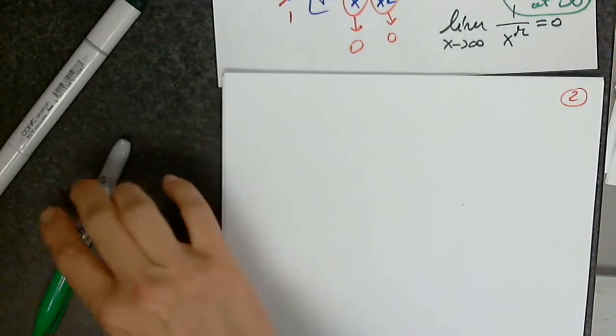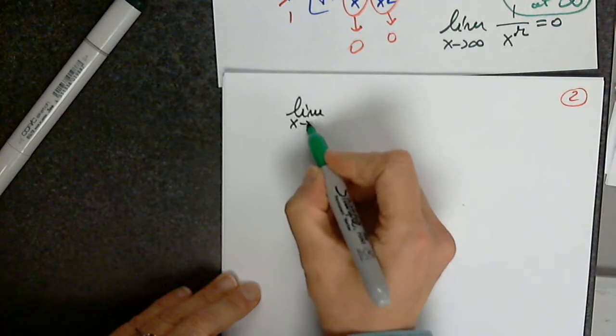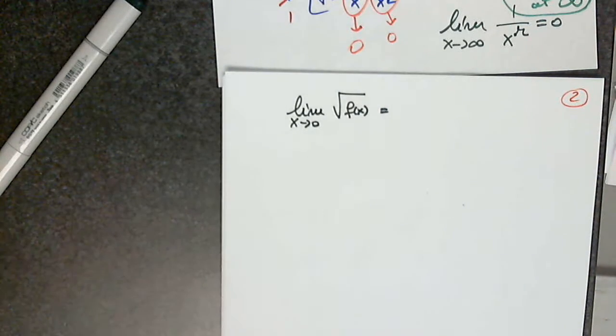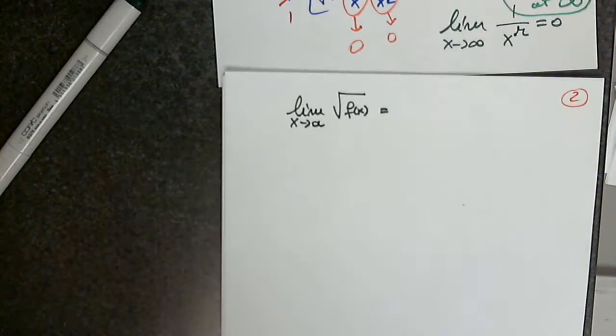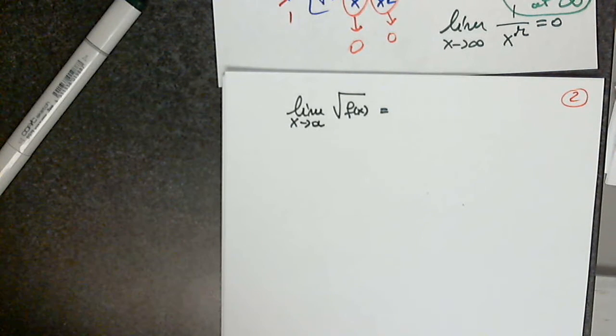I'll give you a hint. What was this? Just 0 or a. Let's put a. Of course, f of x is continuous. It has to be continuous for what to happen? How did we determine this?